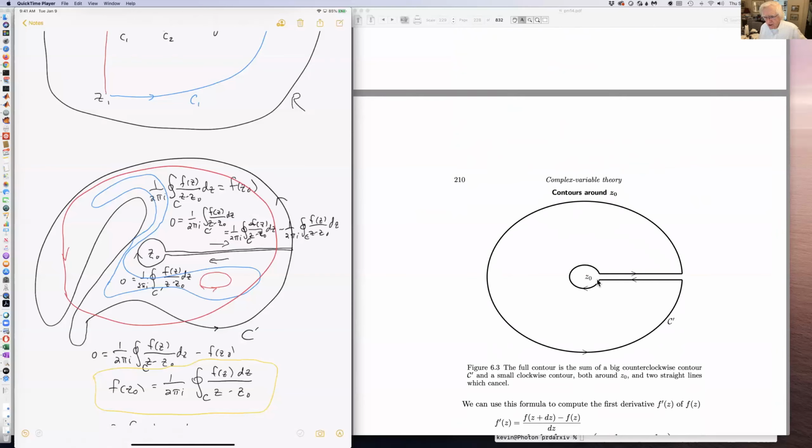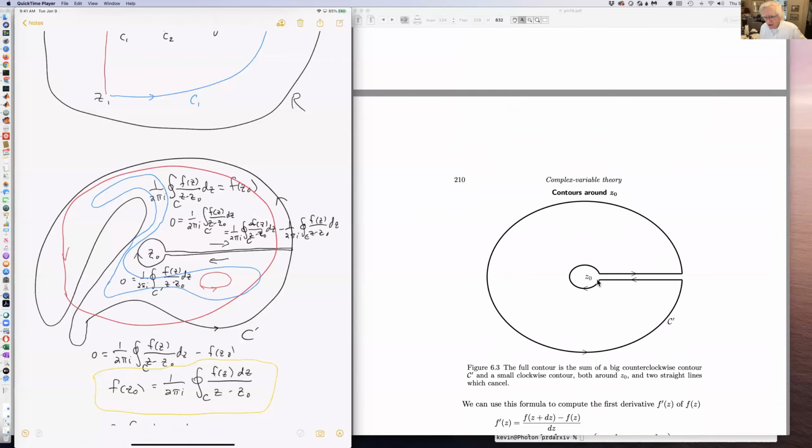And that then gives us Cauchy's integral formula, which is that the function at z0 is 1 over 2 pi i times a counterclockwise integral around the point z0. And you can use basically any contour you want as long as it goes around once and is closed. That is, just closed means that you start at a point, you go somewhere, and you come back to the point.